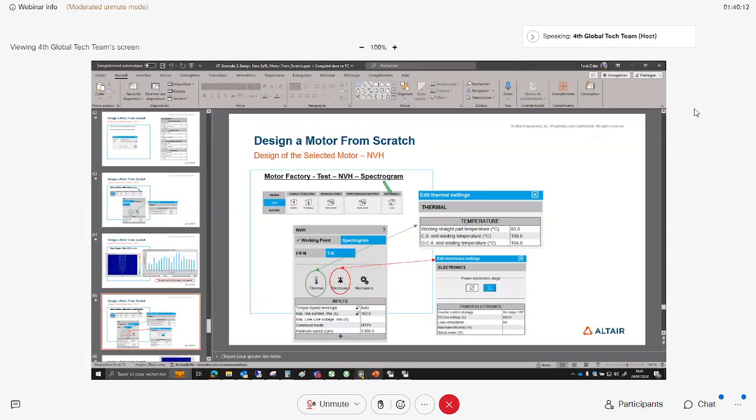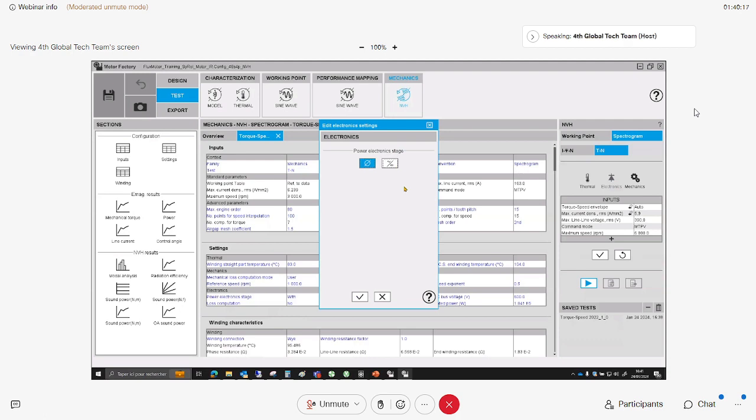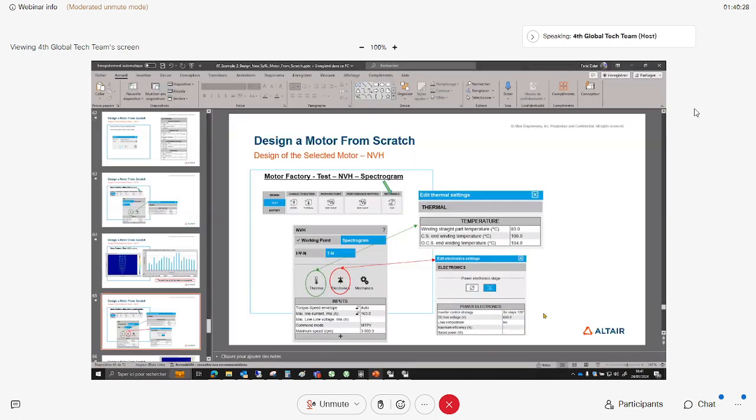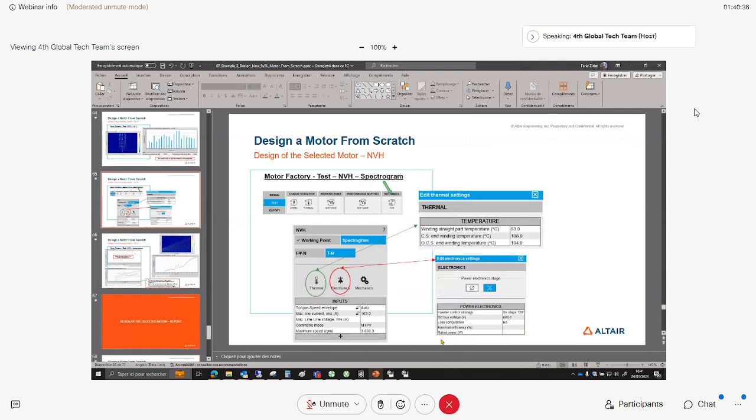The electronics is as previously, put 600 and put 6-step here. And then you can select the torque speed envelope. You can impose the maximum line current and the maximum speed of 3000 RPM.